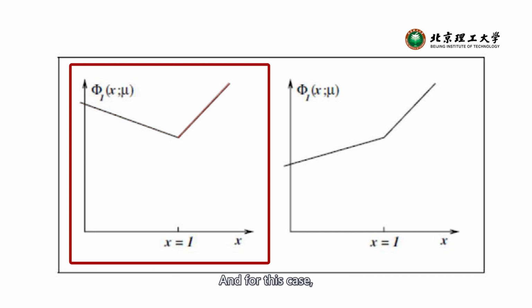If mu is greater than 1, then we have a figure like this, where the optimal solution is achieved exactly at 1.